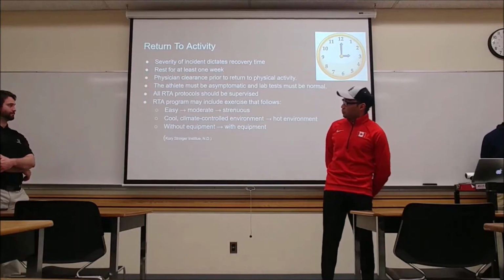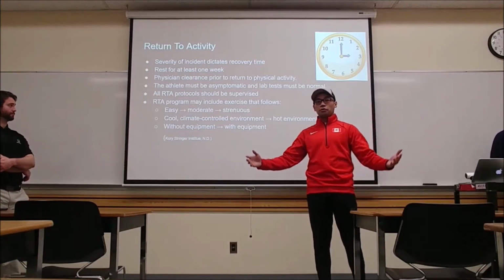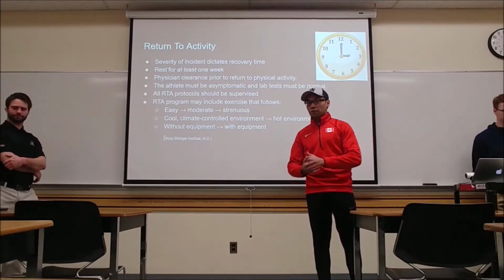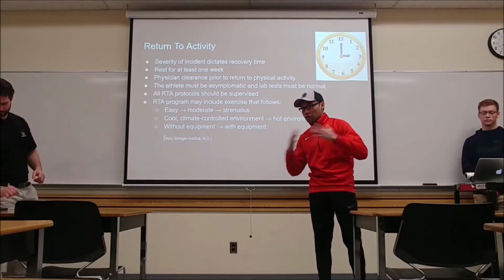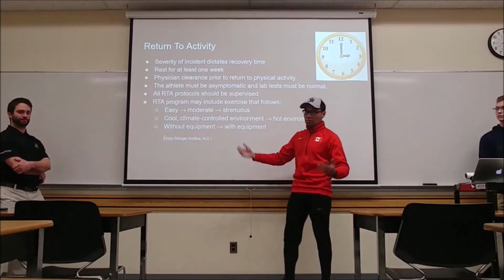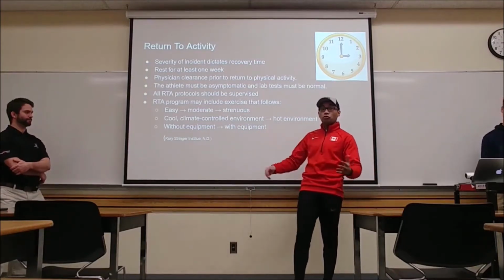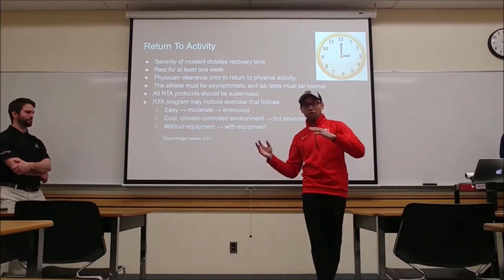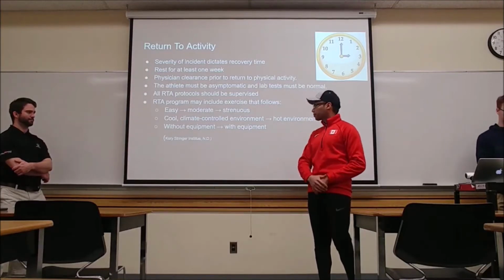Next would be supervising the whole procedure for the return to activity protocol. So what does that mean? So what does it look like? So first we're going to go from easy to moderate to strenuous activity, so we're not putting the athlete into vigorous exercise right away.